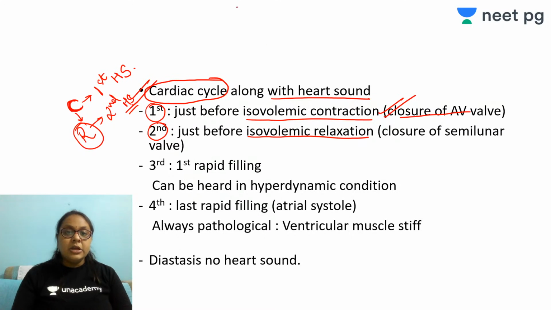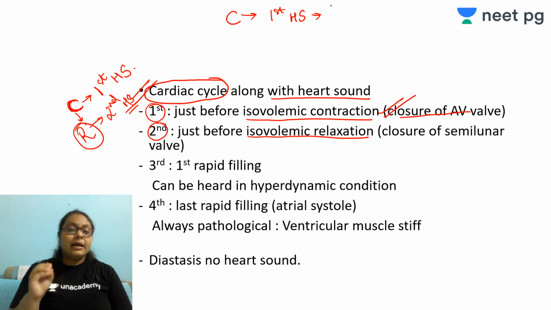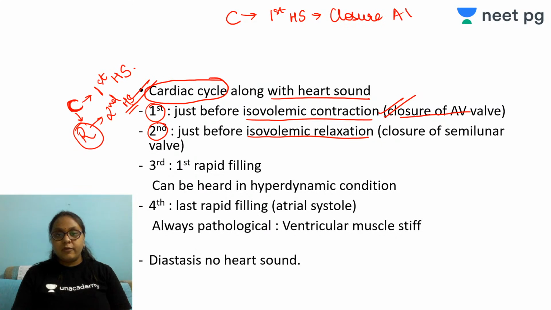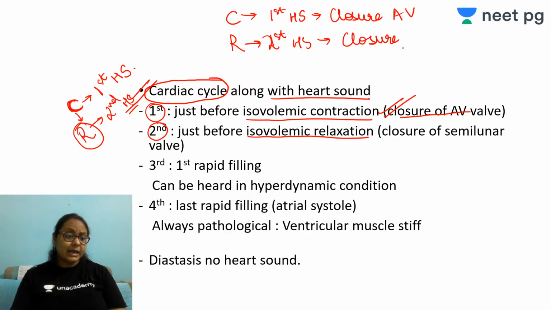Any doubts in this? So C comes first. The first and the second heart sound are because of the closure. Because of the closure of the AV valves, it is the first heart sound, and because of the closure of the semilunar valves, it is the second heart sound.